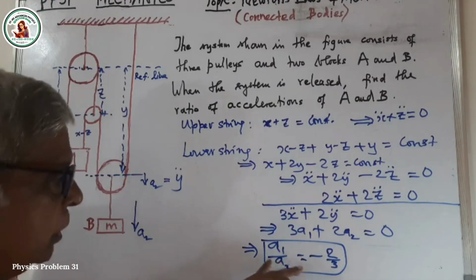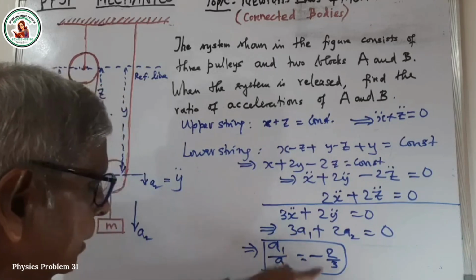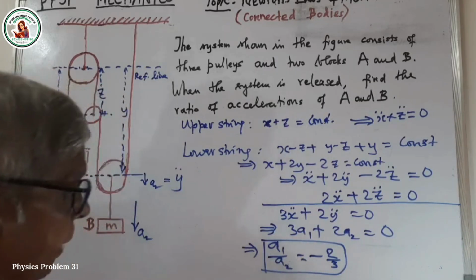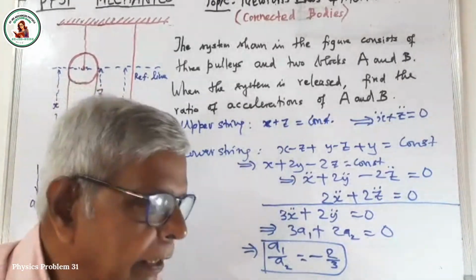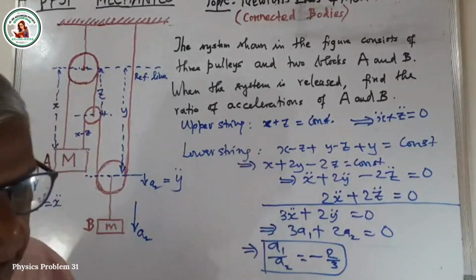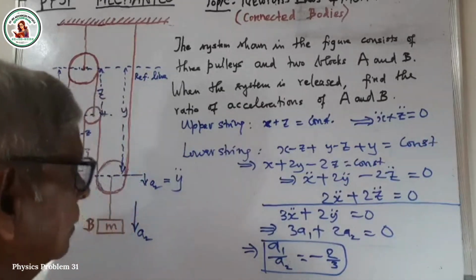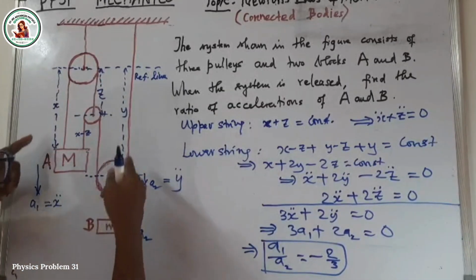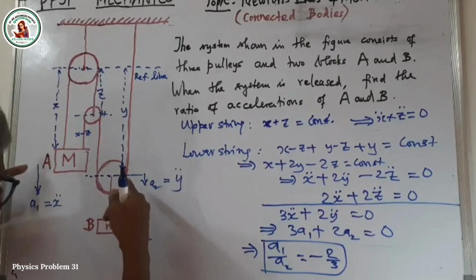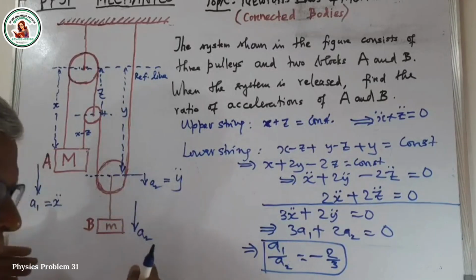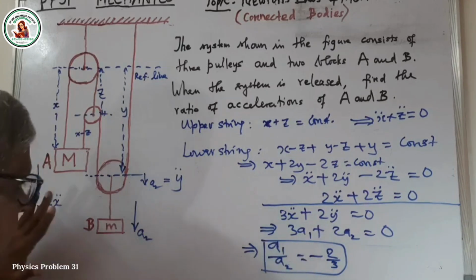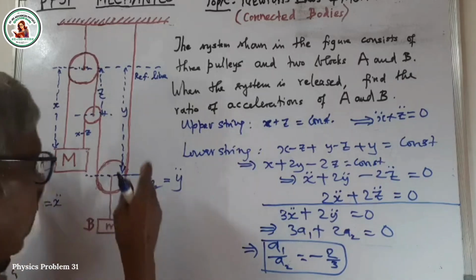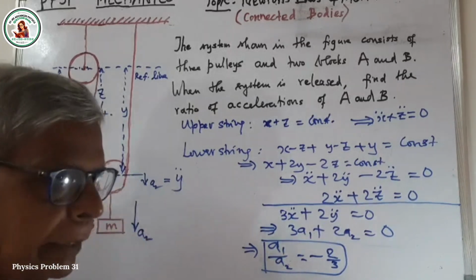The numerical ratio between the accelerations A1 by A2 is 2 by 3, whereas this minus sign gives us important information about the system. For convenience, I have marked both A1 and A2 downwards, whereas the minus sign tells us that A1 and A2 can't both be in the same direction.